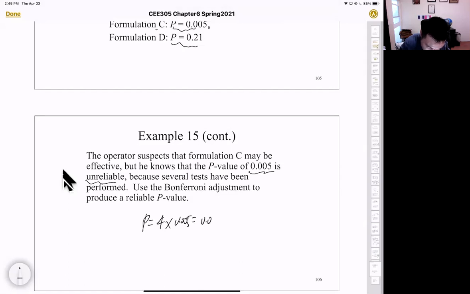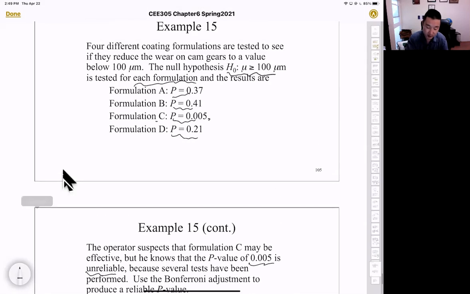The new p-value will be 0.02, still less than alpha of 5%. So we have strong evidence to conclude that formulation C is effective, even though we performed the 4 hypothesis tests.